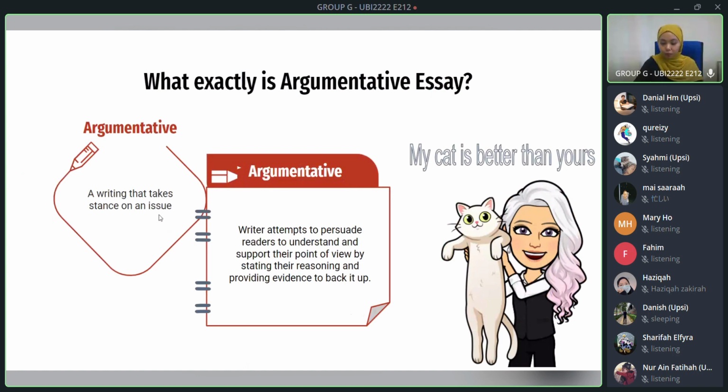Remember I asked you, school uniform. Should school uniform be retained? Some say yes, some say no, and you all have your own opinion on it. So when you are arguing something, you attempt to persuade people to agree with you, to persuade the readers to understand and support your point of view by stating reasoning and providing evidence to back it up. If you simply say, I think school uniforms are no longer valid nowadays.